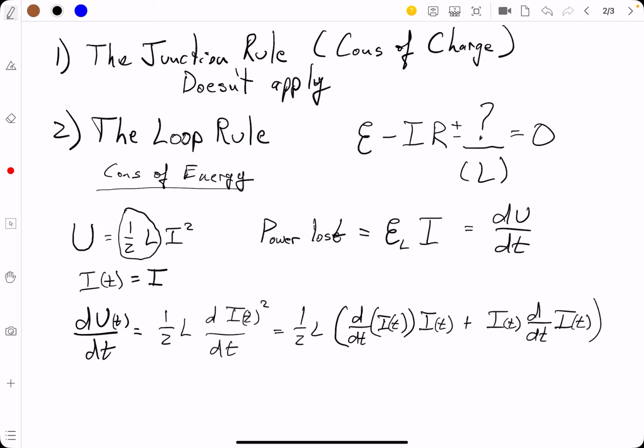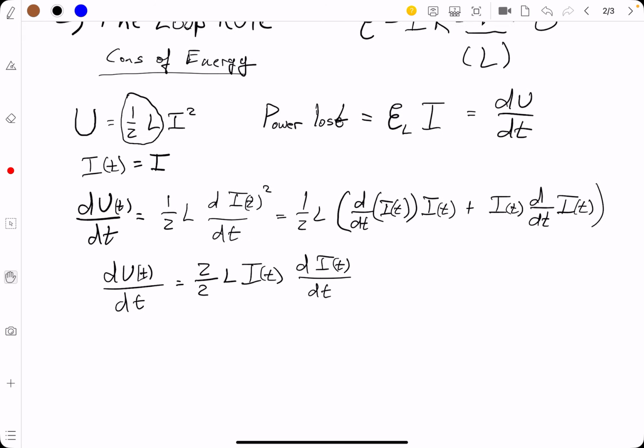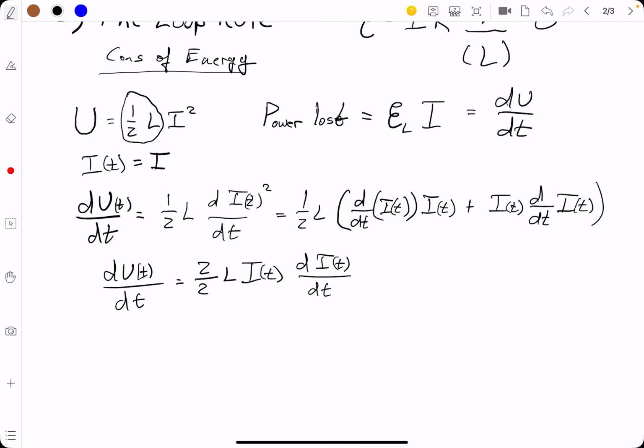So our dU of t/dt is equal to 2 over 2 times L, and then I'm going to write basically the same thing that I wrote before, but let's put the I of t first and then dI of t/dt. How about that? Is that a better way to do it? Okay. So that solves our problem.